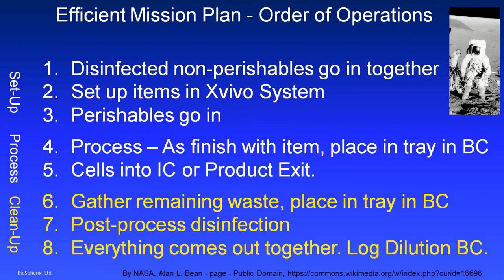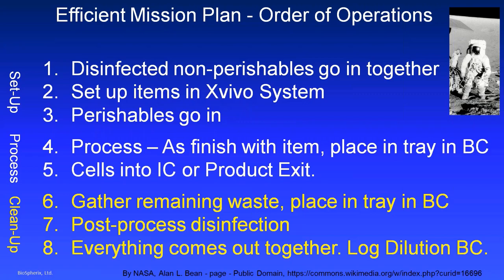At this point, you want to gather any remaining waste that's still in your process chamber, whether this is bags of dry waste or bottles of liquid waste or unused items, and place them all in that exit buffer chamber in the tray.